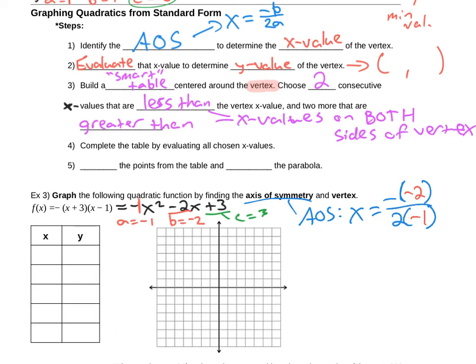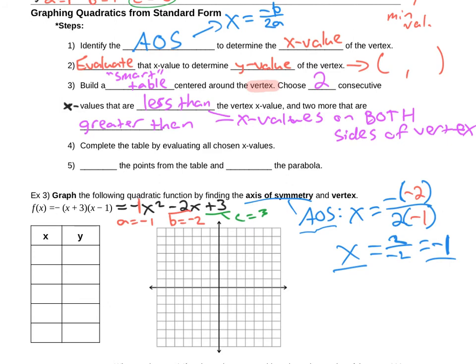If we simplify that, we would have a negative times a negative on top to get positive 2 over negative 2. What's that equal? Negative 1. So our symmetry equation is x equals negative 1. That tells us what also? The x value of the vertex.